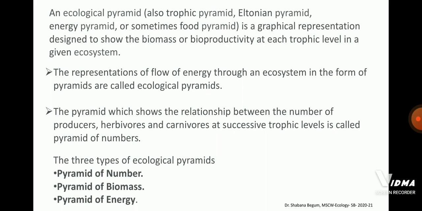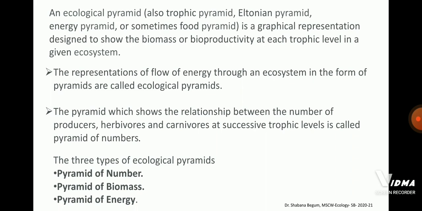Since there is a gradual decrease of energy, biomass and numbers starting from autotrophs to carnivore consumers, the plants and animals in the food chain may be arranged into what are called ecological pyramids. These are also called trophic pyramids, Eltonian pyramids, energy pyramids or sometimes food pyramids.